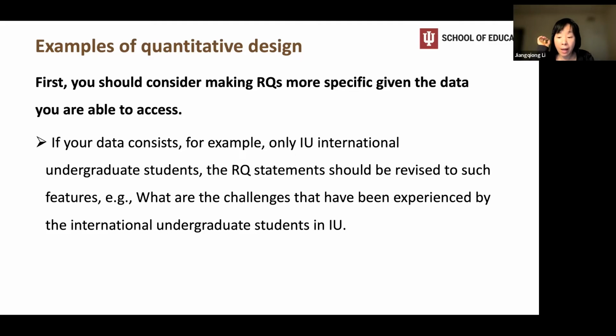Assuming you have these questions in mind, you should have some knowledge about them from either your literature review or your research interest. You should know what is meant by challenge or support system, and have a well-defined definition of those concepts. And then you go collect data.